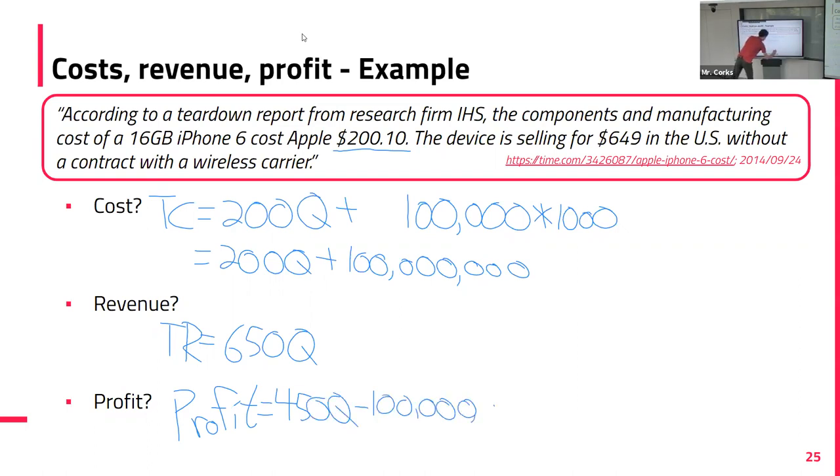So 100 million. So each of these things, straight lines, we can put them on a graph and look at them. What we care about here is the relationship between cost and revenue. Where do those two lines intersect?